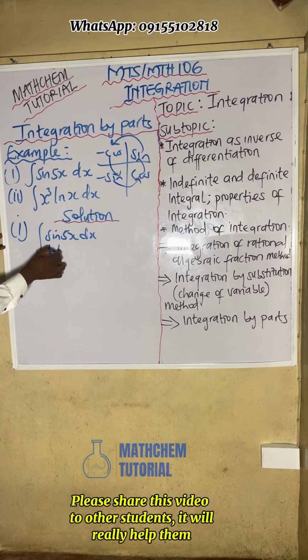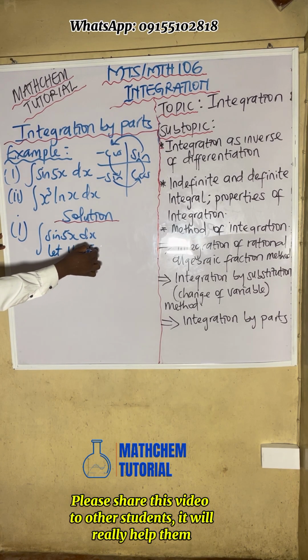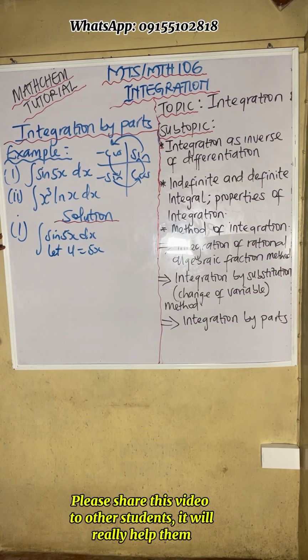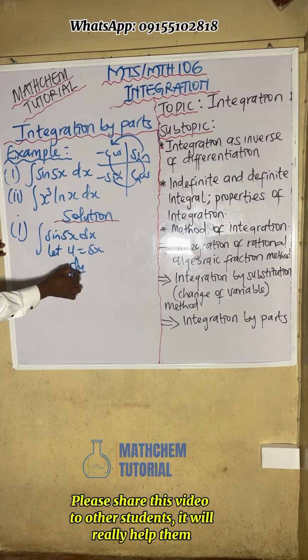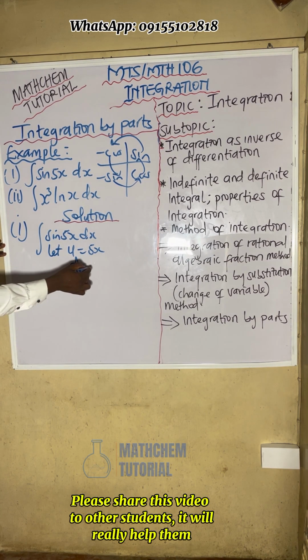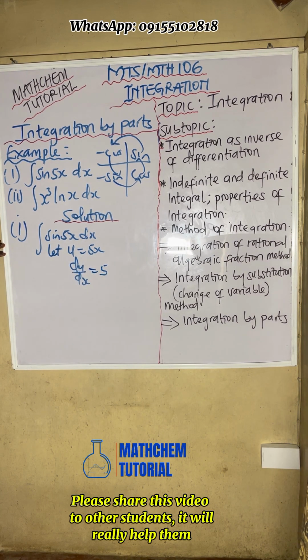Now what would I do? I will say let u equal 5x. If u equals 5x, I will find du over dx, which is going to be 5.